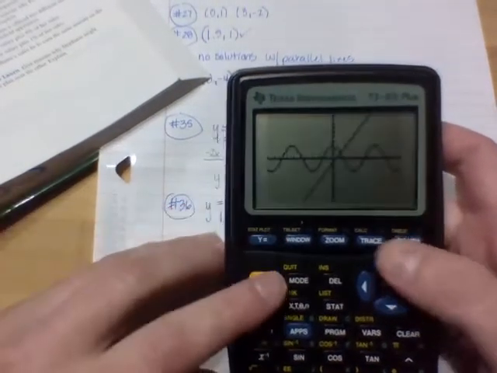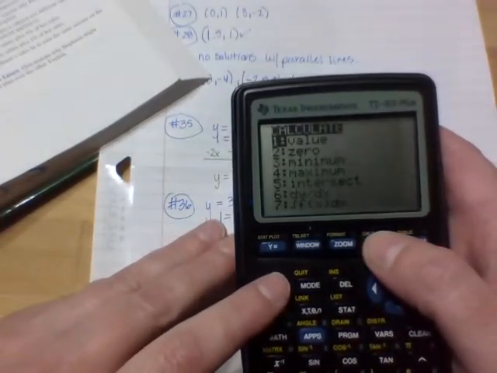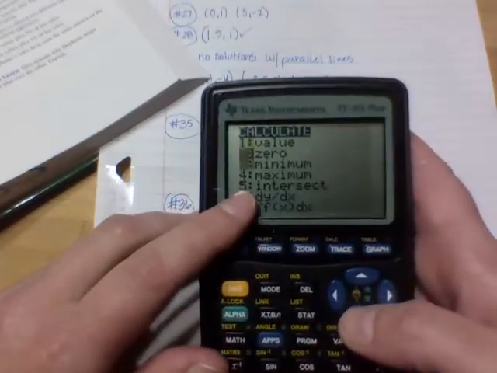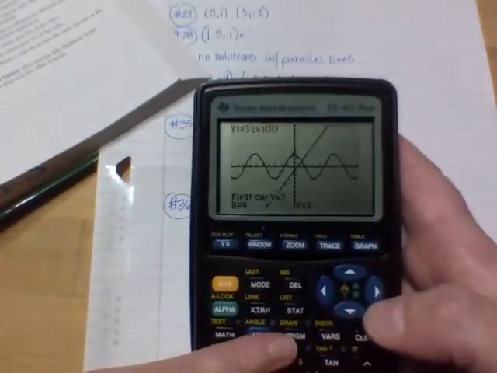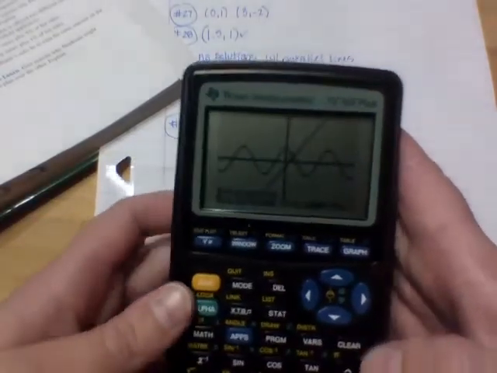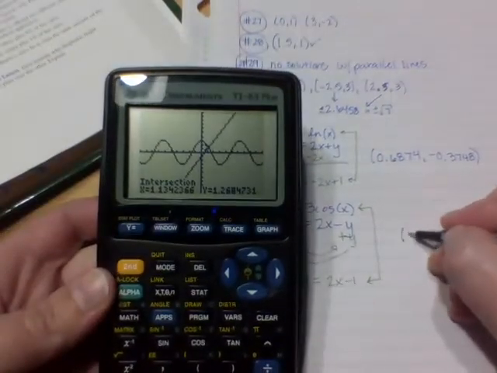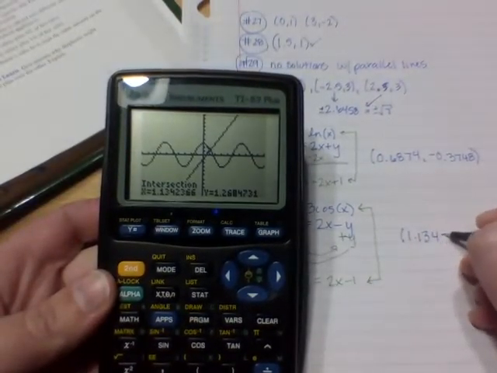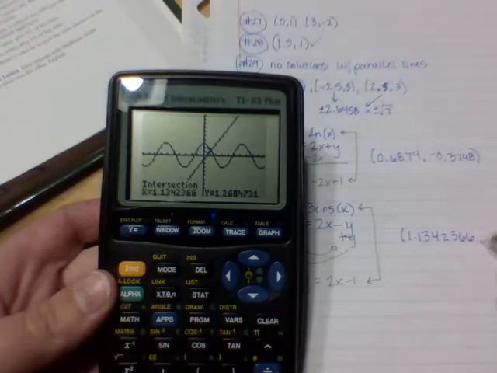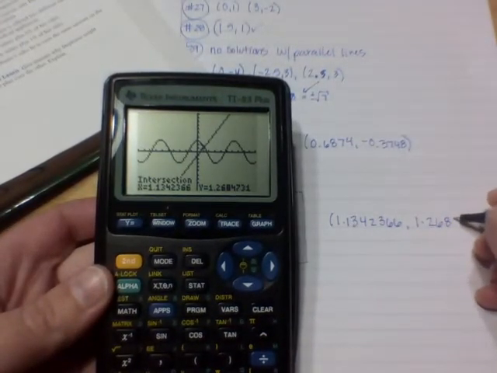So again, you could try to zoom in and see where that is, or you can just go to second calc and go down to intersect and basically just press enter 3 times, and then they will tell you that the intersection is going to be at 1.1342366. And then 1.2685.